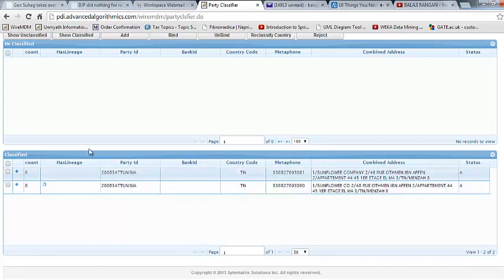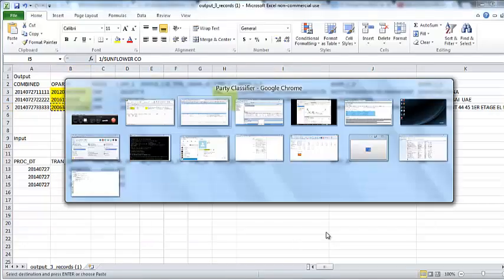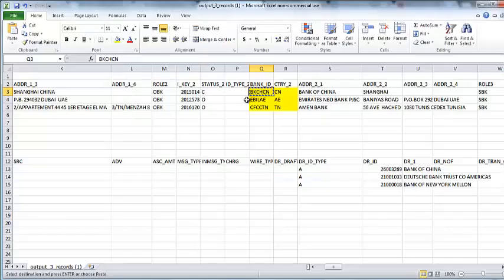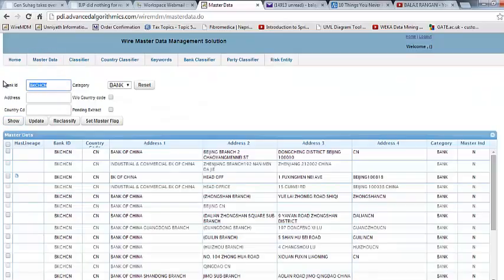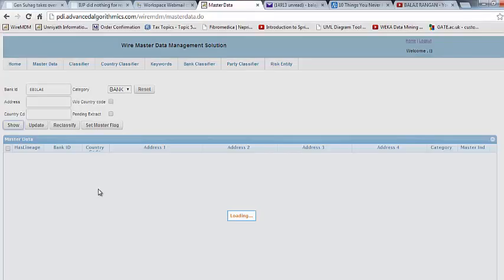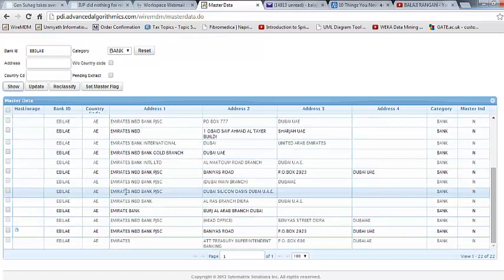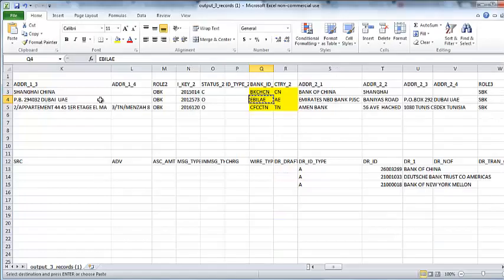And here we have Sunflower Company, which is this record, and it has got unified to this party ID which came probably earlier in a different record. Similarly, it's Emirates Bank, and all instances of Emirates Bank have been unified to this bank ID.